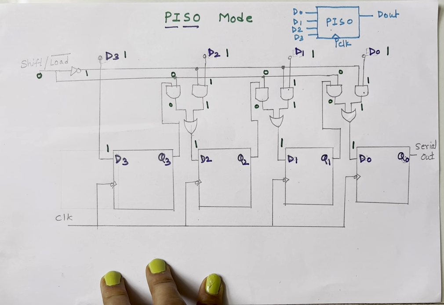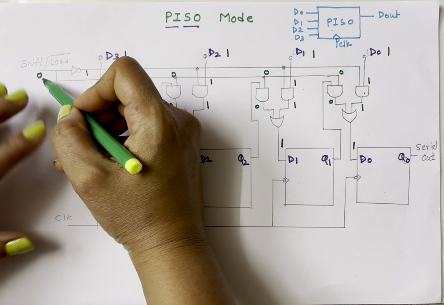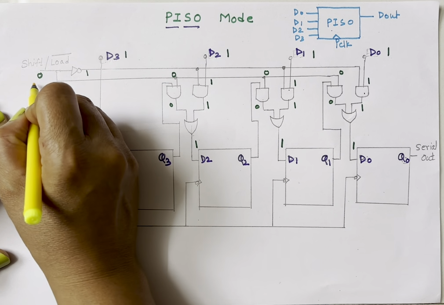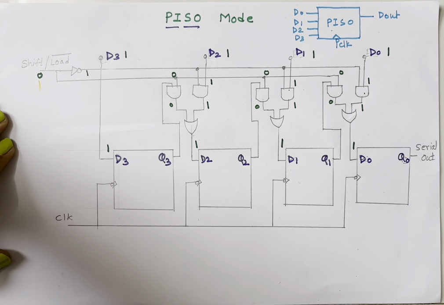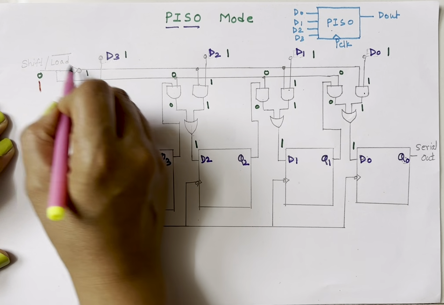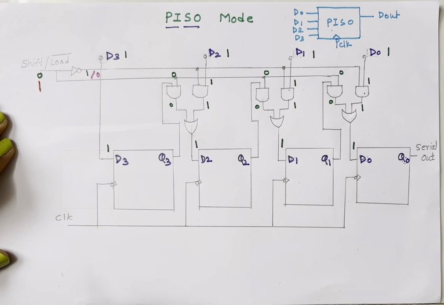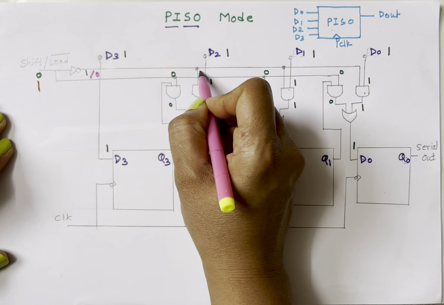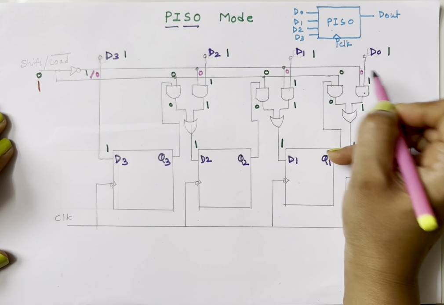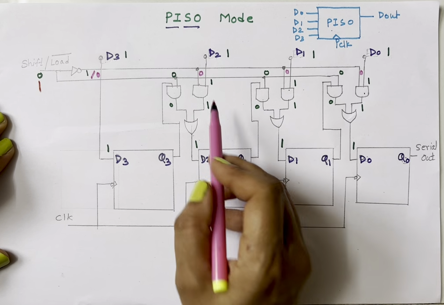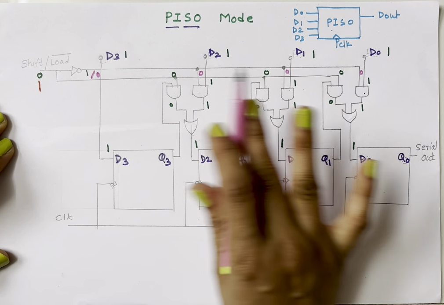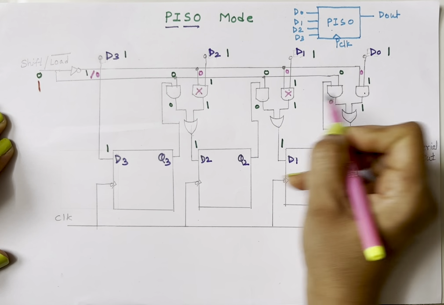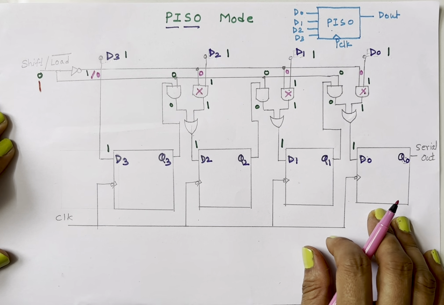Now let's see the shift operation. For shift operation, this input needs to be 1. When this input is 1, the output of this NOT gate is now 0. So the input to the second AND gate is 0, here it is 0 and here it is 0. It means these AND gates will not generate any output during shift mode. So these are off during shift mode.